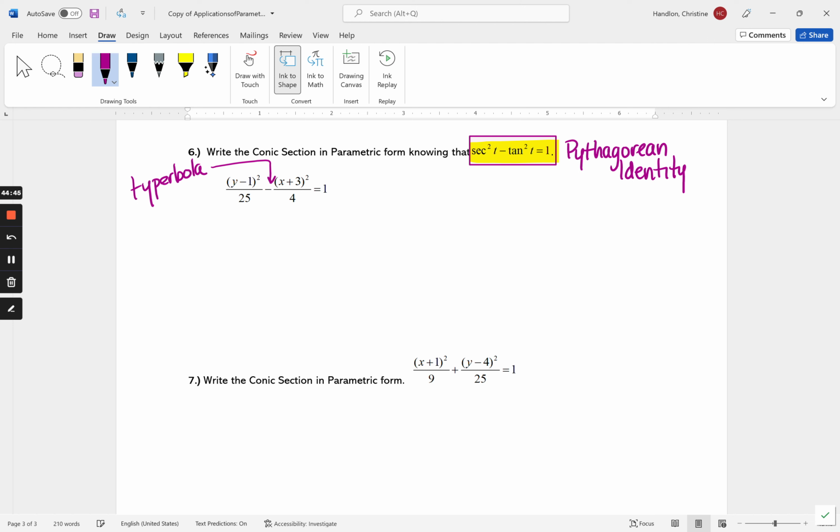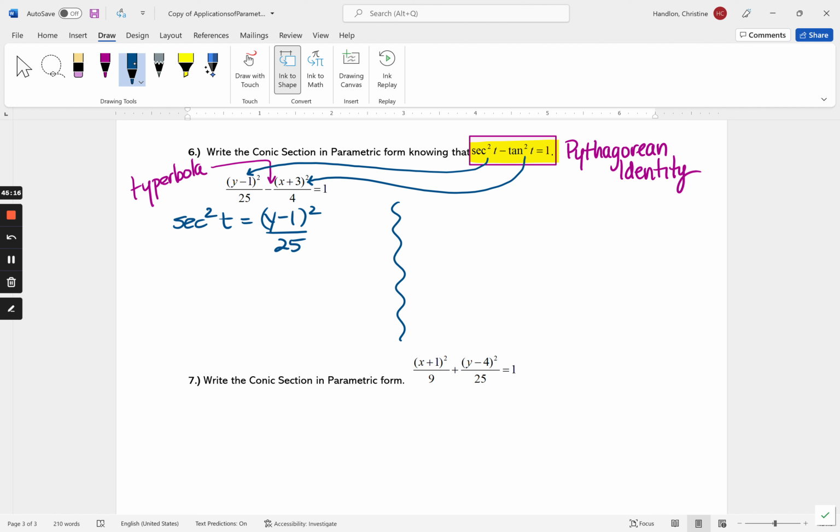You will use these with hyperbolas, but the process is the same. You will pair up secant squared with the first one, and pair up tan squared with the second one. So secant squared t equals y minus 1 squared over 25.